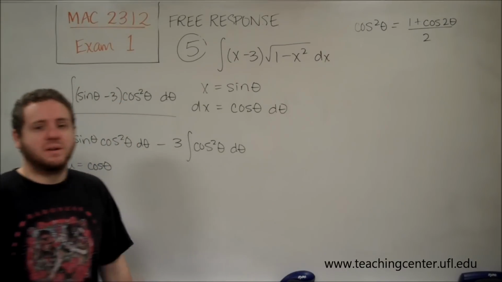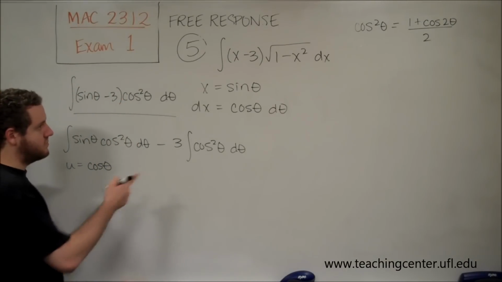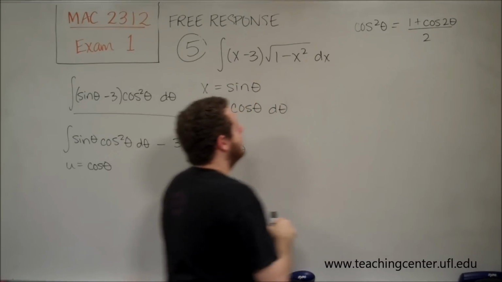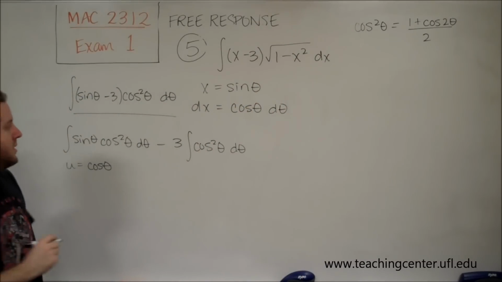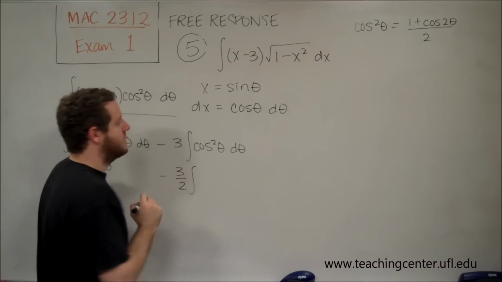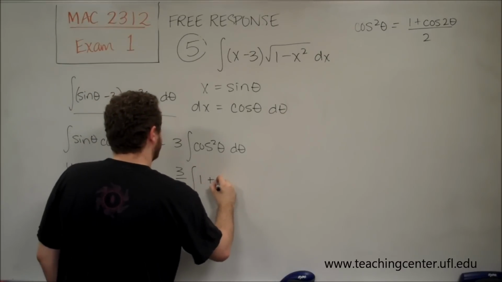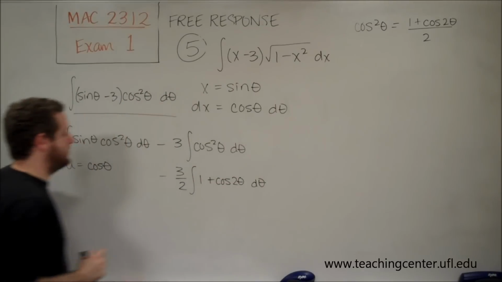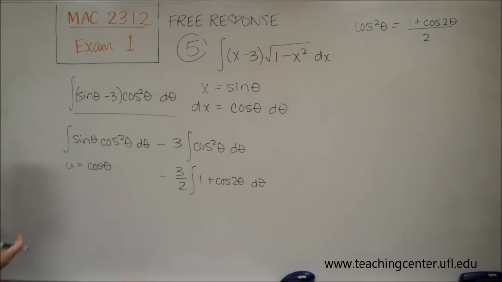So, I mean, you can just memorize them that way also. So we can do that here. And since it's all divided by 2, we can just put that in front of the integral. So we can really make this part 3/2 integral of 1 plus cosine 2 theta d theta. So let's solve both of these integrals.